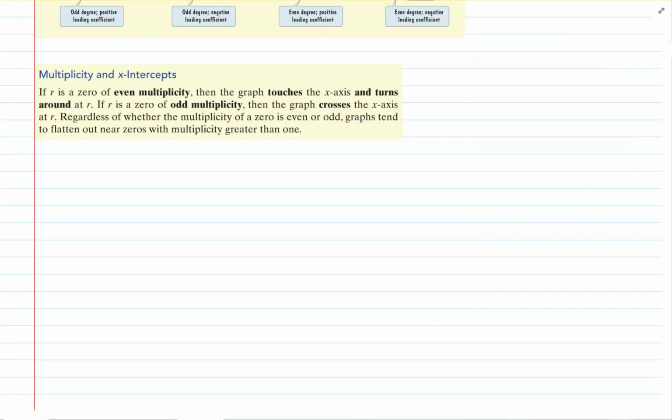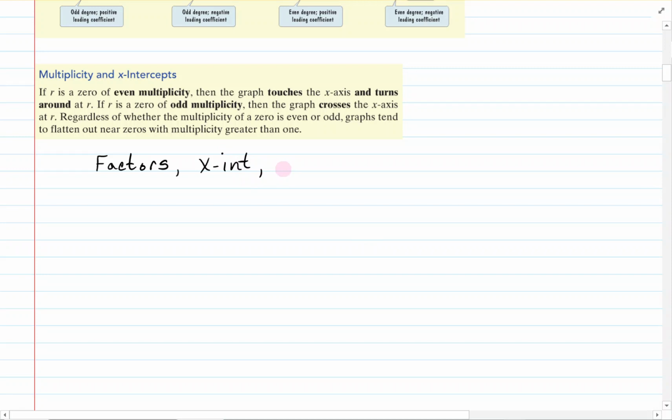Since these functions are polynomial functions, we've spent a good bit of time during our course talking about how to factor polynomials. So you can factor polynomial functions. Now, we will talk about the factors of the function, and those are tied to the x-intercepts of the graph.